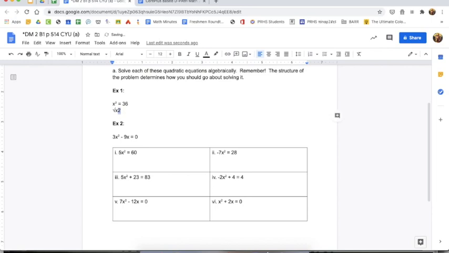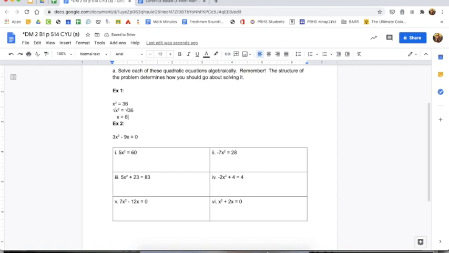Please notice that the square root of x squared is just x, right? And so over here we've got the square root of 36, and from your times tables, hopefully you remember that the square root of 36 is 6.